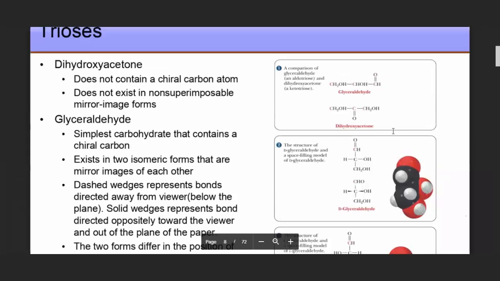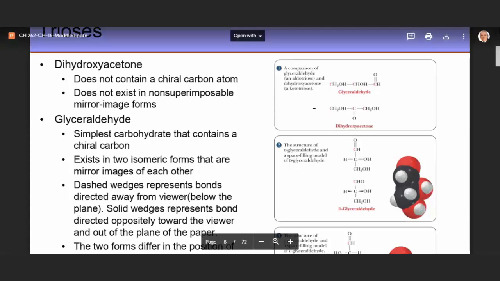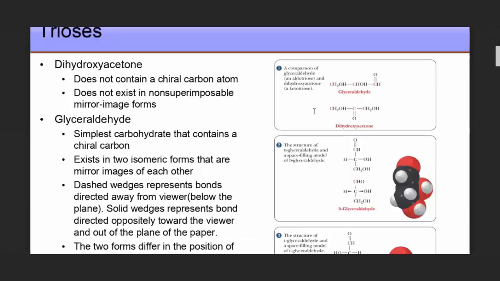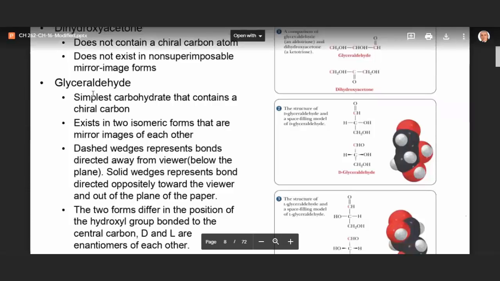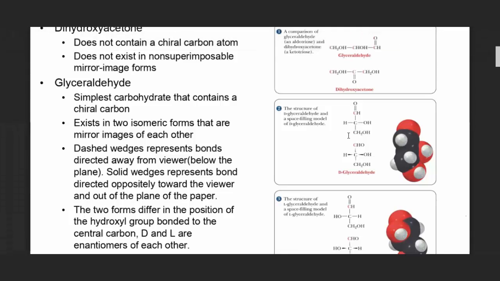If we look at the structure of this compound, it does not contain a chiral carbon, as you can see, so it does not exist in non-superimposable mirror image forms. Whereas if we look at the other one, the simplest carbohydrate that contains a chiral carbon is called glyceraldehyde.